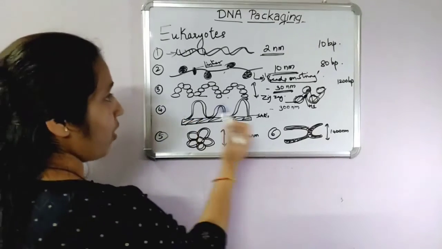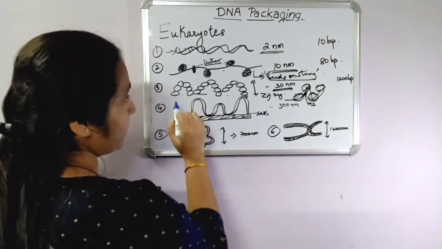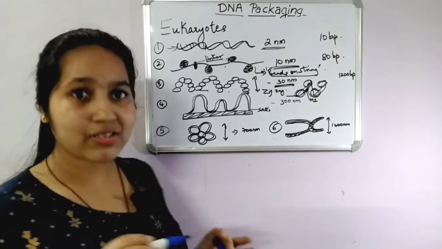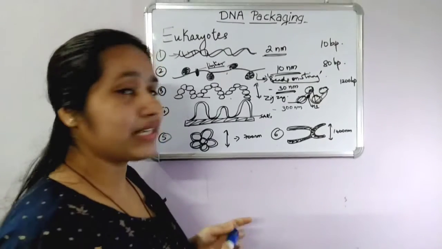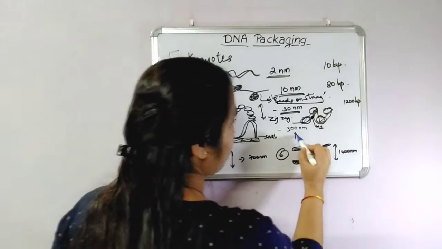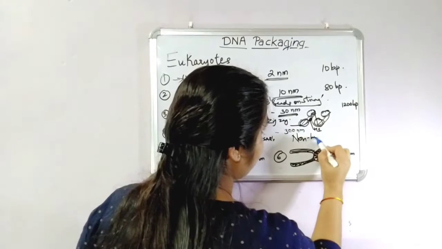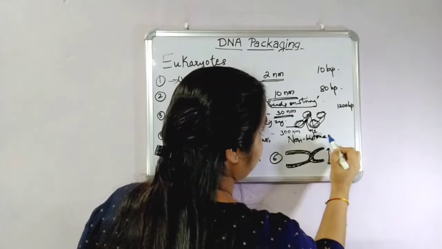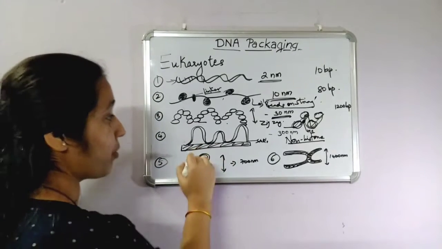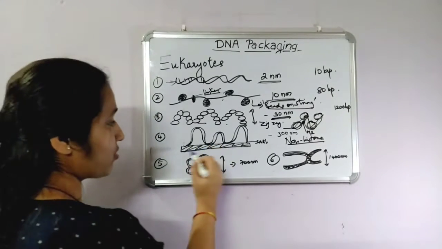Now, the compaction of the DNA beyond 30 nanometers is not much studied, but from the data that is available, the non-histone proteins, also called scaffold binding proteins, play an important role in the compaction of the DNA.